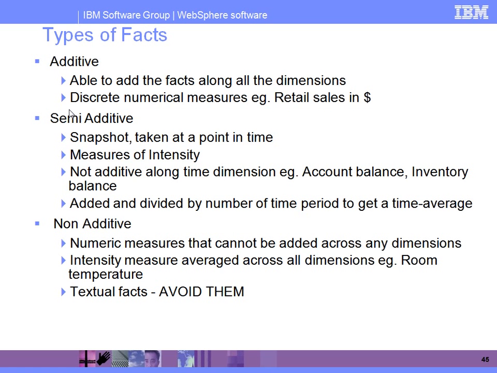If a table has these two pieces of information, we simply call it a fact table. In any data warehouse schema, there are multiple fact tables, and depending upon the type of fact tables, there are also multiple types.